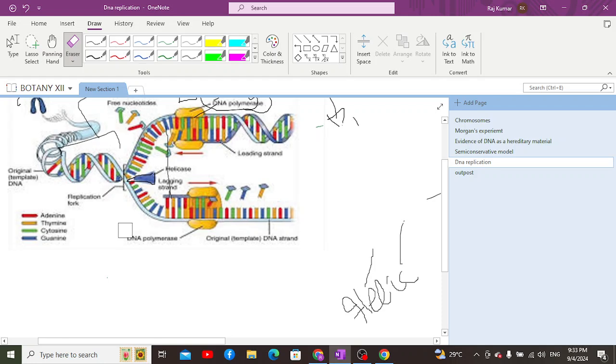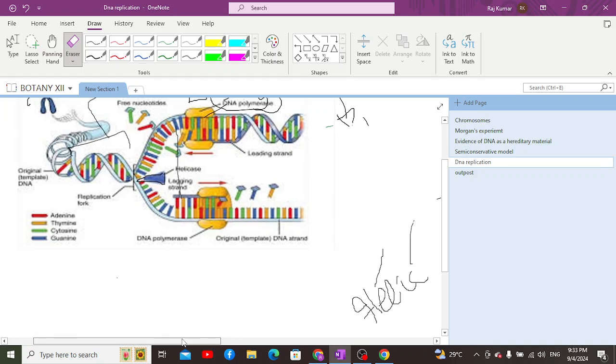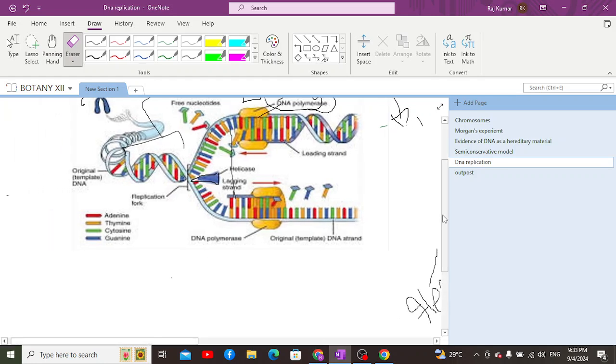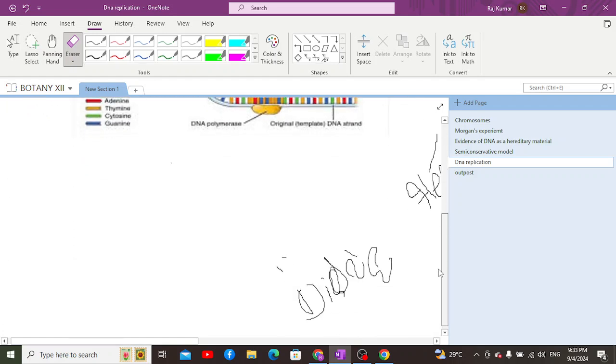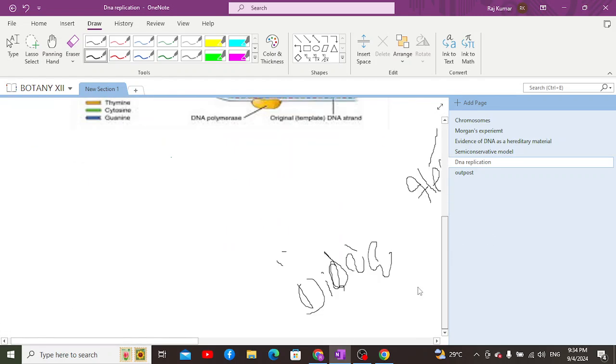Now, the second step is known as the elongation phase. What actually happens in the elongation phase? We have studied in the semi-conservative model of DNA that a parent DNA strand has nucleotides added by special enzymes known as DNA polymerase, which form a complementary strand known as the daughter strand of the parent strand.